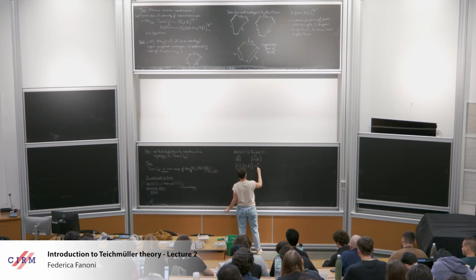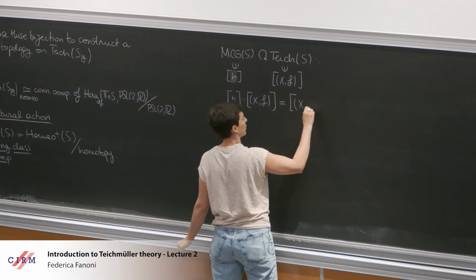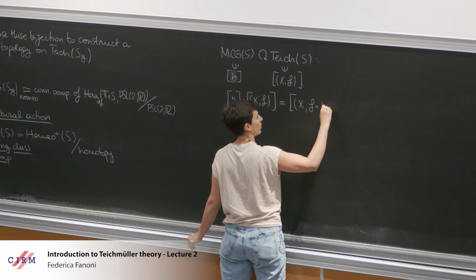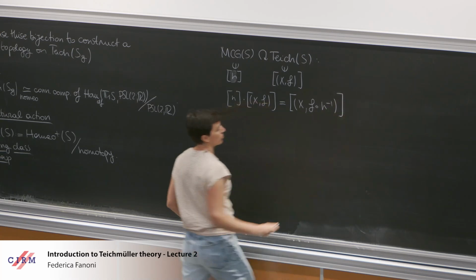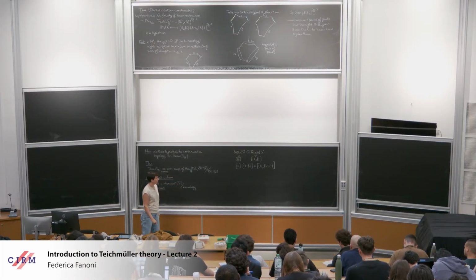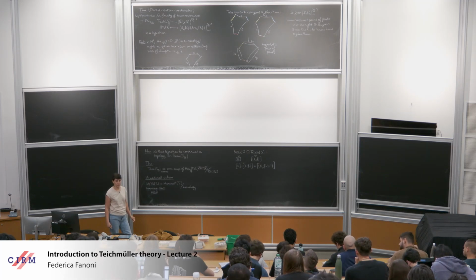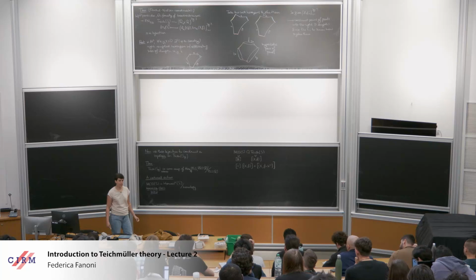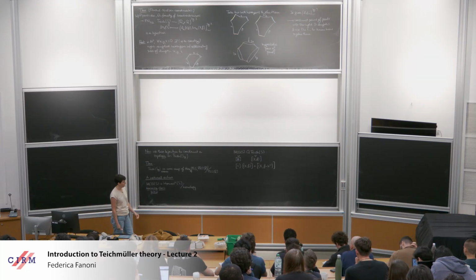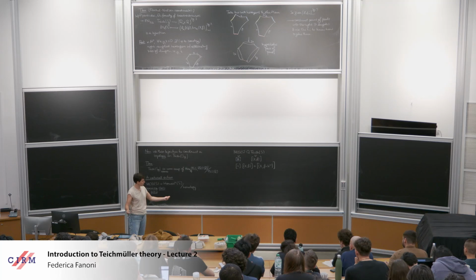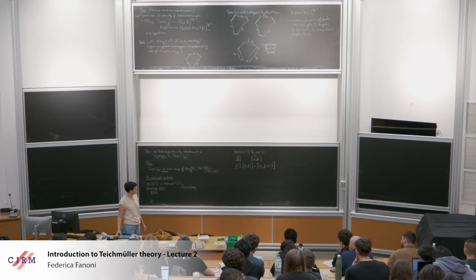Otherwise, I think things don't go correctly. This gives you a way of getting an action of the mapping class group on Teichmüller space, and you can check that everything works. So all of these things are defined up to homotopy, which means that in practice there are homotopies that move around enough to make this not depend on the choice of representatives.